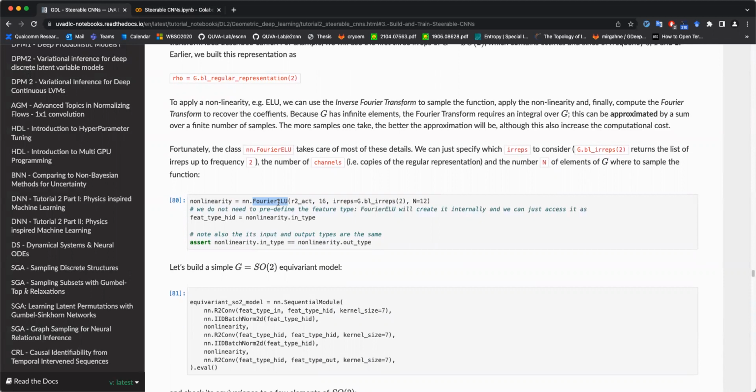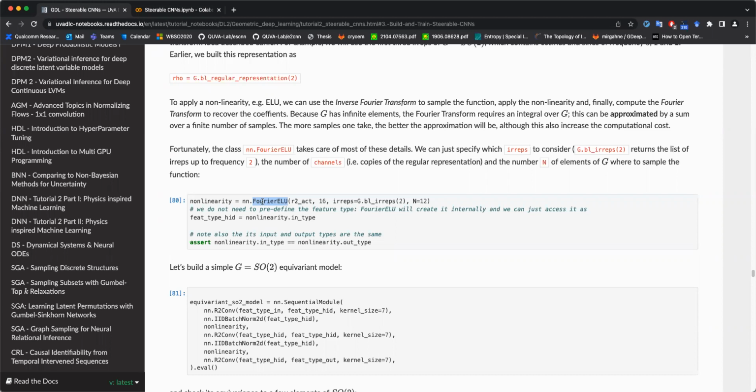So what we do here is rely on an approximation of ReLU. We take our features, which are stored in the Fourier domain, and take an inverse Fourier transform by sampling this function on a very large number of samples. Then we take the nonlinearity, ReLU or ELU, on these discrete samples, and then we apply an approximate Fourier transform to recover the Fourier coefficients.